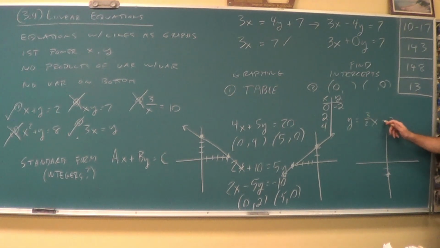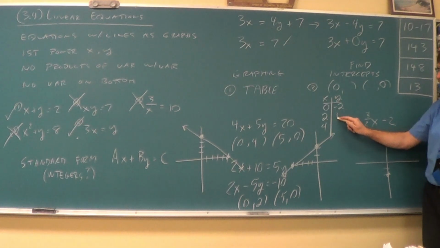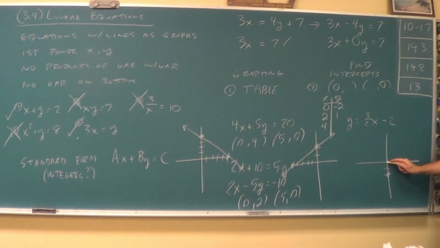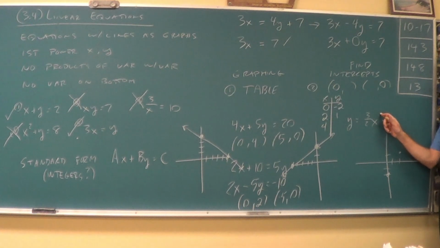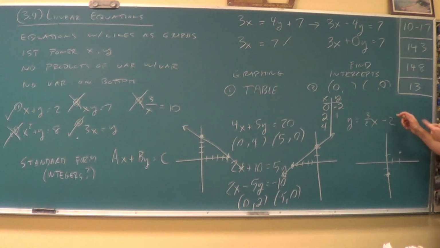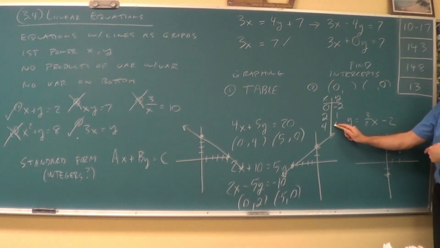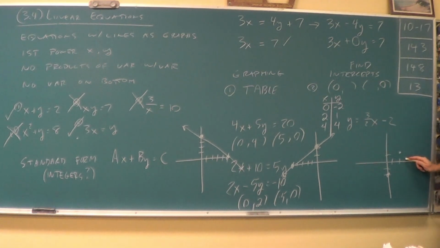So 3 left standing minus 2 is 1. Where is 2, 1? Right 2, up 1. With 4, the 4 would cancel the 2, the 4 turns into 2 times the 3 minus the other 2, 4. Where's 4, 4? Right 4, up 4.